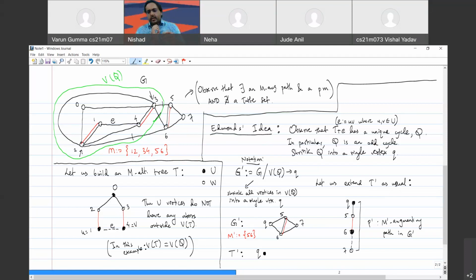So can we somehow extend this P prime to an M augmenting path P in the graph G with respect to the original matching M? That is the question.